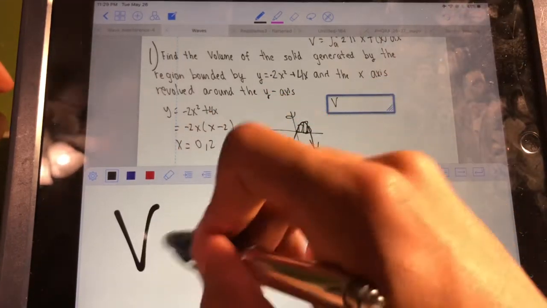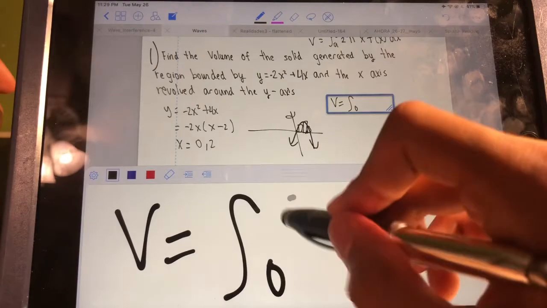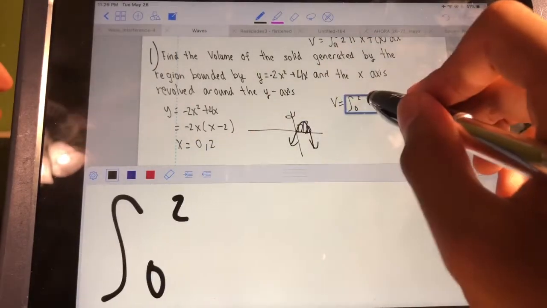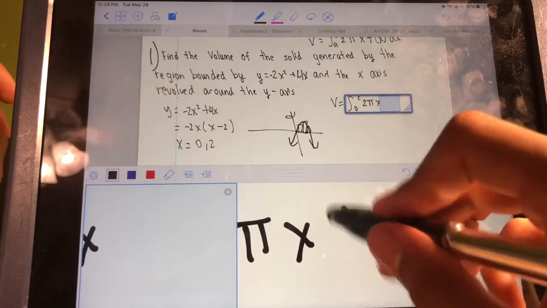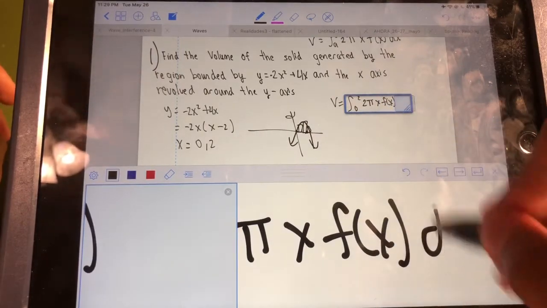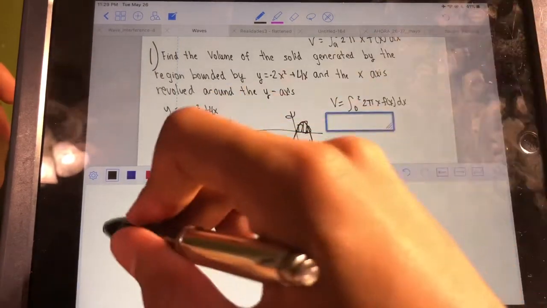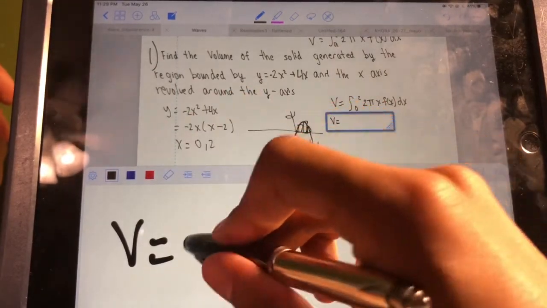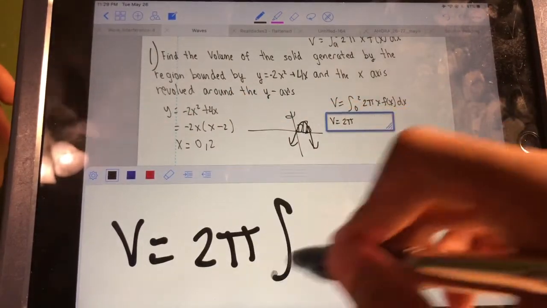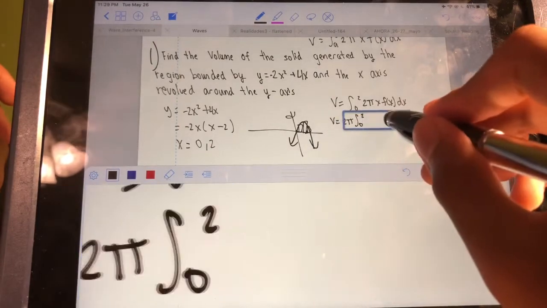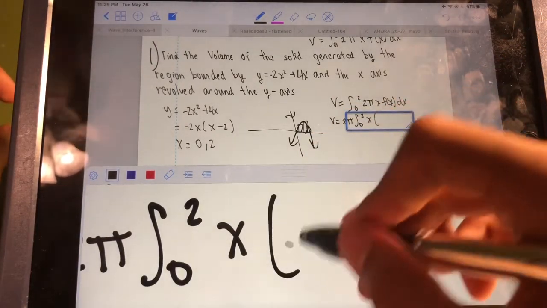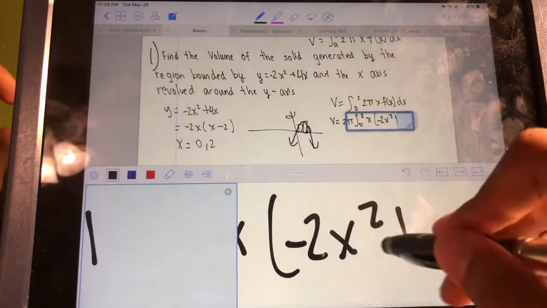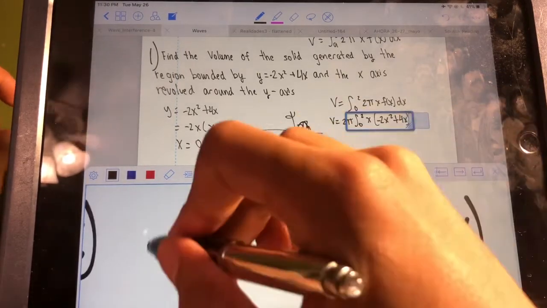So there's an easy formula. 0 to 2, since those are the x-intercepts, of 2 pi x f of x dx. So volume equals 2 pi times the integral from 0 to 2 of x times f of x, which is negative 2x squared plus 4x dx.